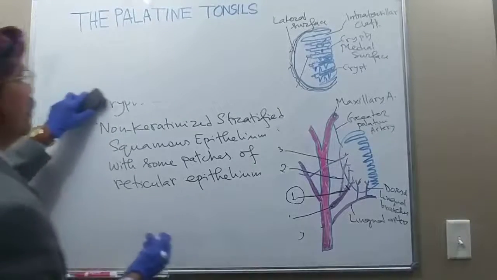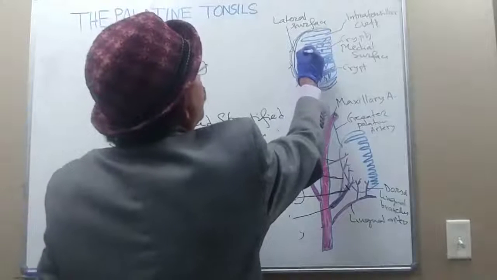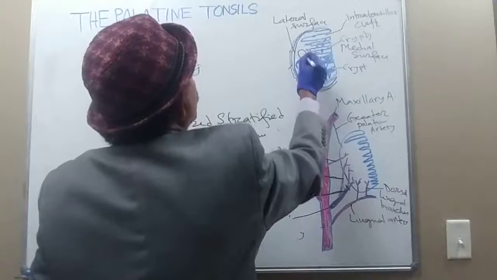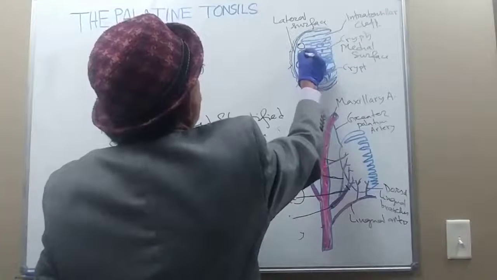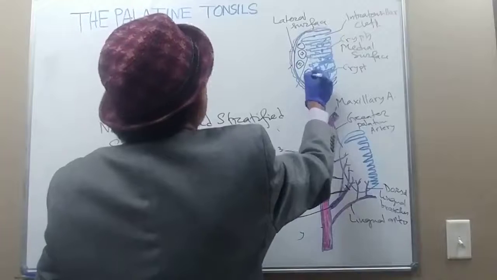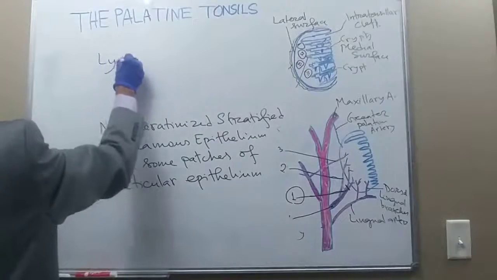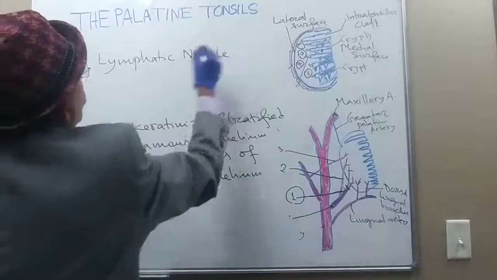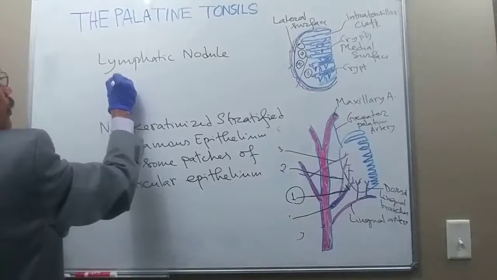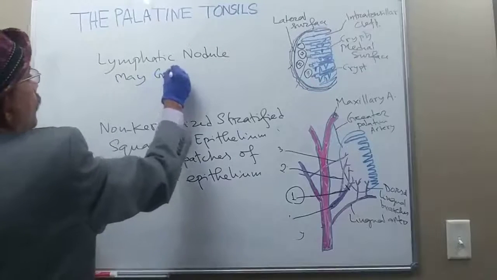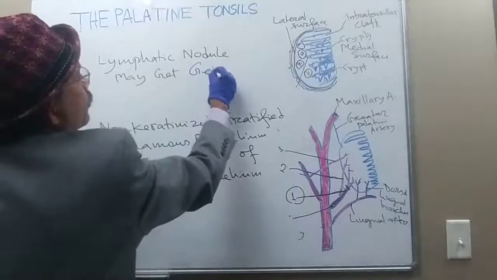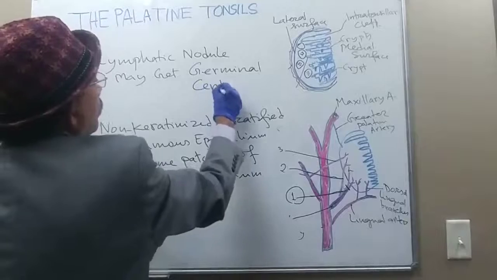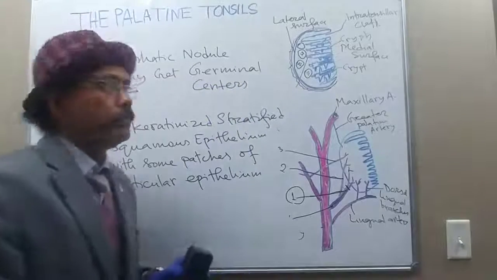Beneath the lining epithelium is the lymphoid tissue, where we get lymphatic nodules, and we may get germinal centers in the lymphatic nodule.